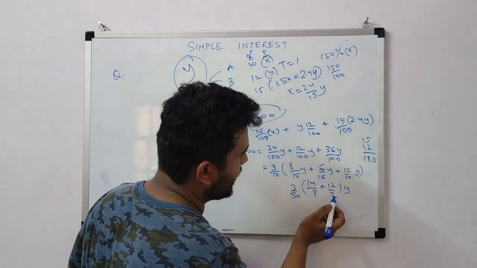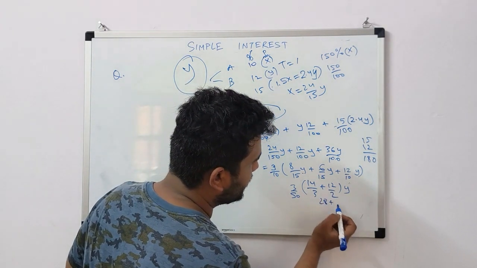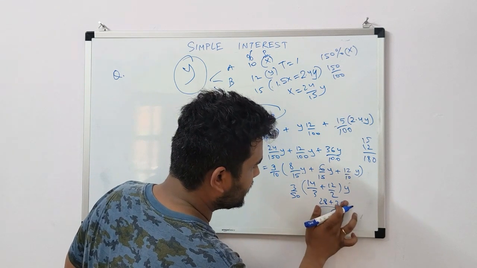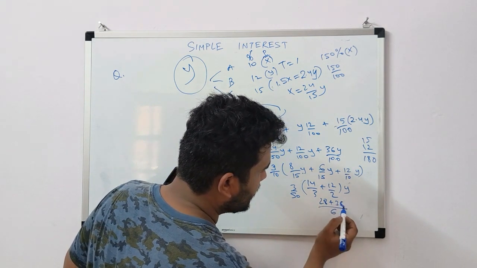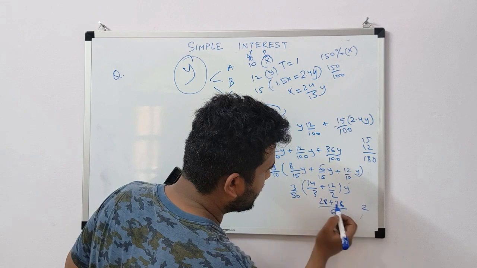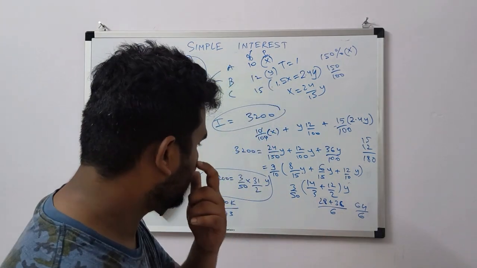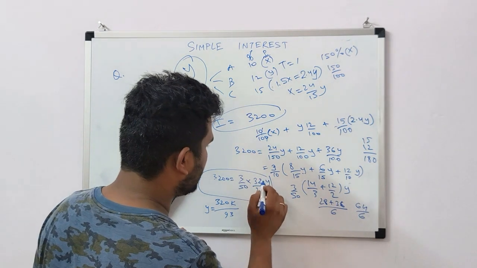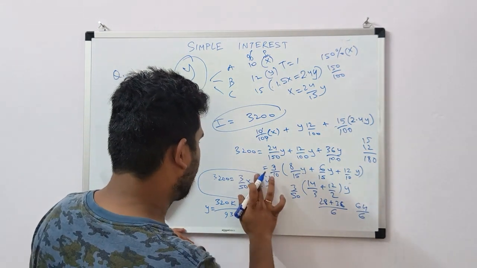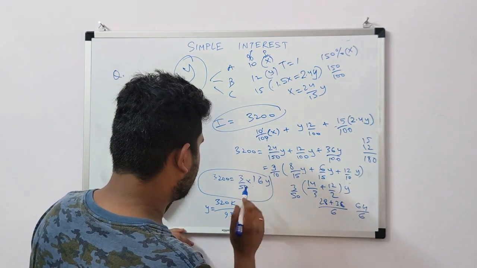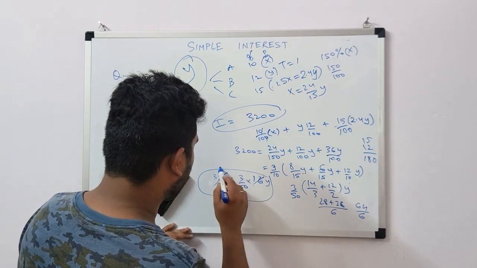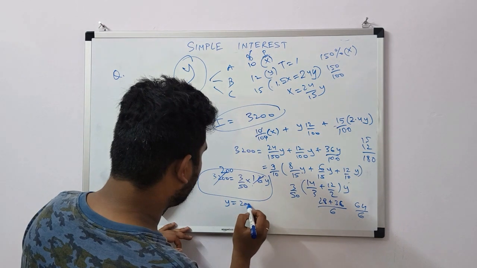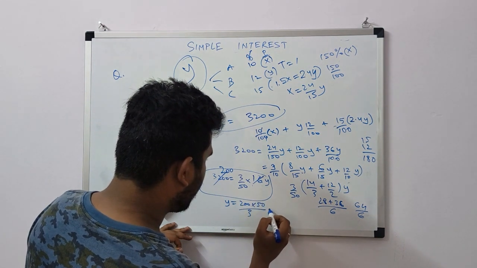So 28, 12, 24, 36 upon 6, which is 6, 12. So 64 upon 6, that means 32, that means 16, that means 32, nice, now this looks pretty. So y is 200 into 50 upon 3.